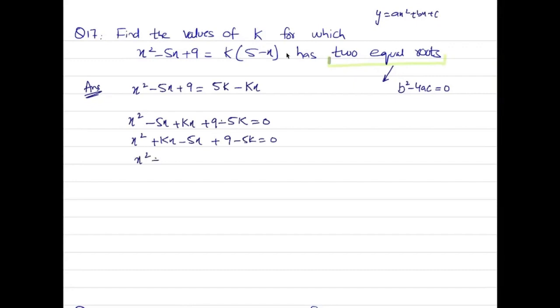Now, if I take x common, the coefficient of x is going to be k minus 5. Are you both with me till here? Yes, sir. Zohaib, are you following?